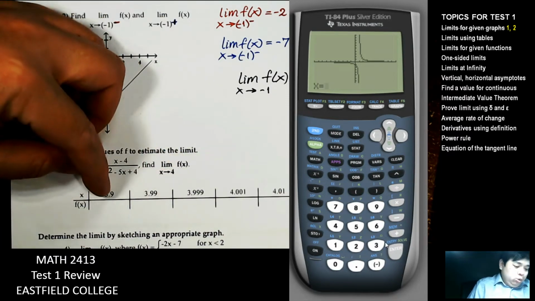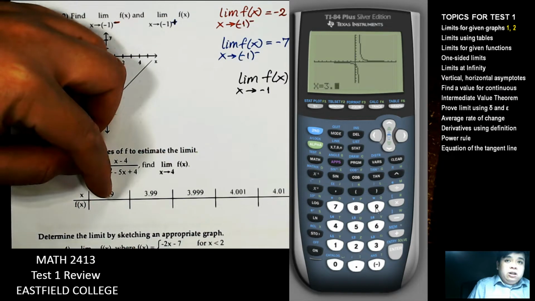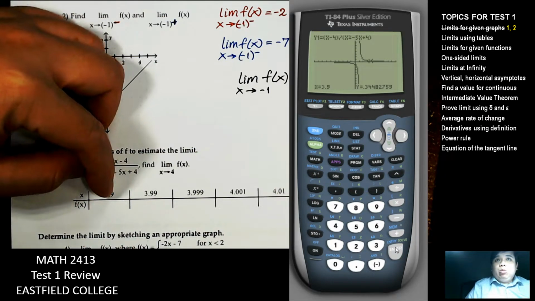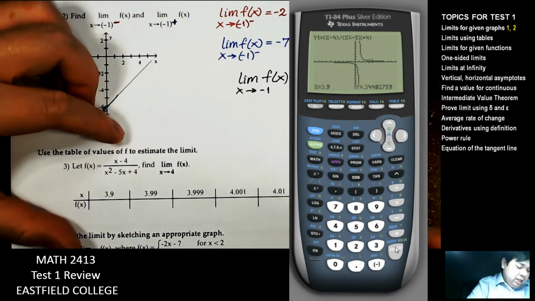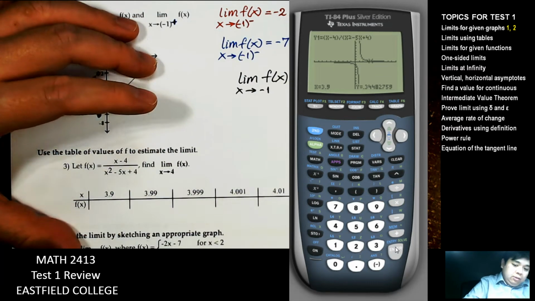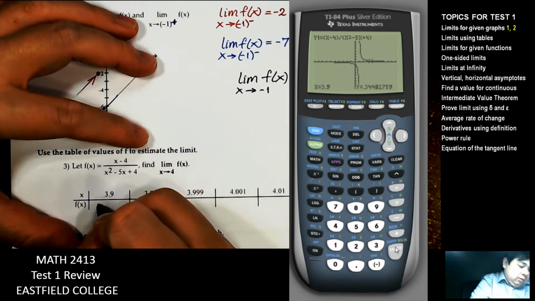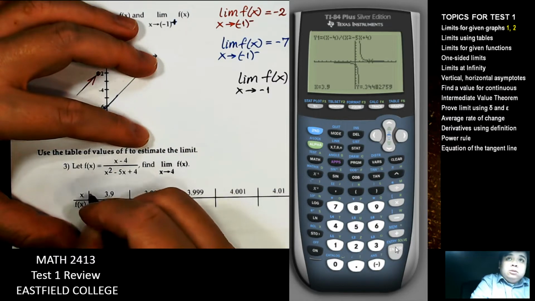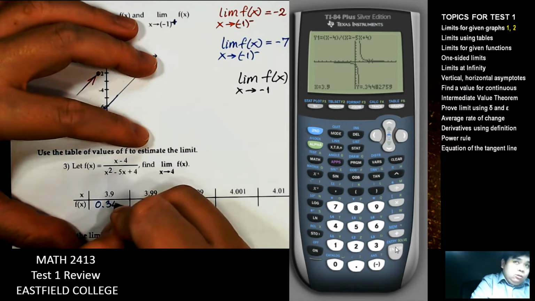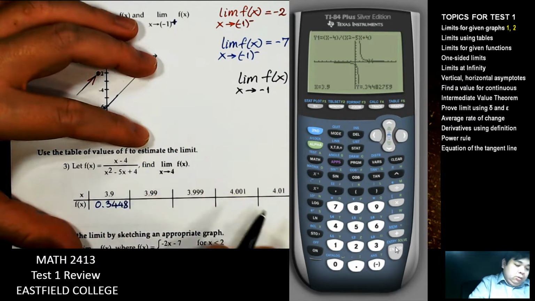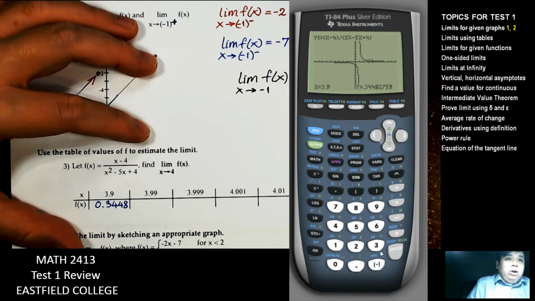when x equal to 3.9, we have 0.3448. And then we have 3.99.